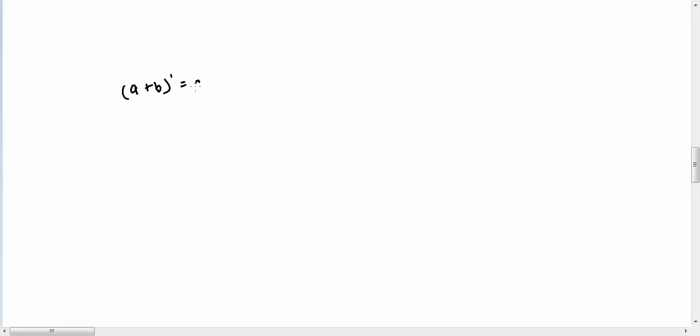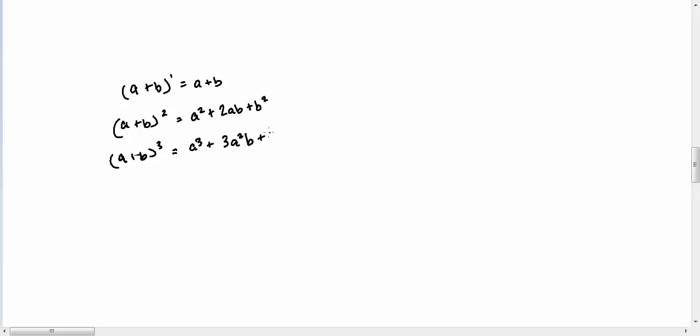Well, that's equal to a plus b. Cool? A plus b to the second power is a squared plus 2ab plus b squared. A plus b cubed is equal to a cubed plus 3a squared b plus 3ab squared plus b cubed.